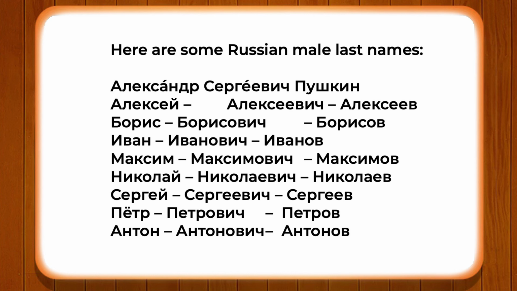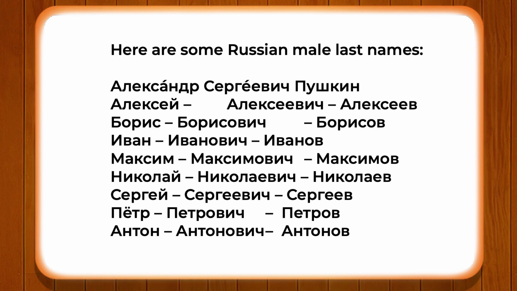From Nikolai, the otchestvo is formed as Nikolaevich, where vich is added. Then Nikolaev, ev is added. Sergei, Sergeyevich and Sergeyev. Pyotr, Petrovich and Petrov. Pyotr is the name, Petrovich the otchestvo, the patronymic name, and Petrov the familia.